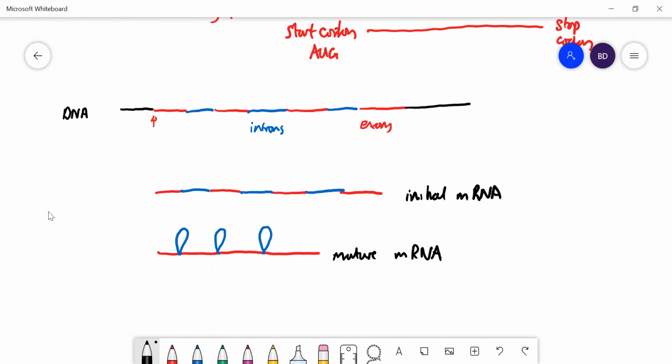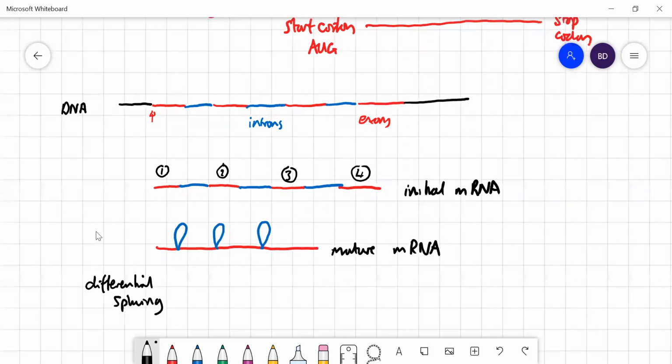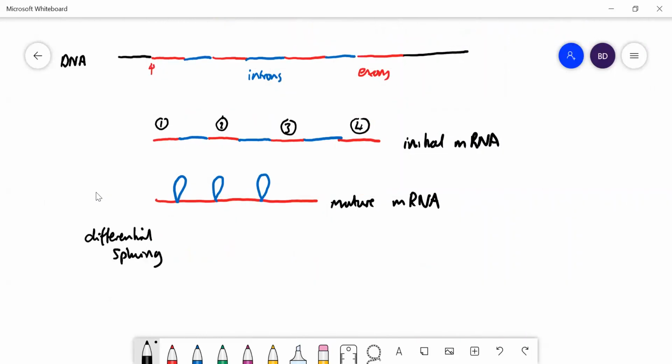Another thing about introns is that it gives the possibility of so-called differential splicing. So if we look at this mRNA here, we've got exons 1, 2, 3, 4, and quite often a cell can make two versions of the same protein.